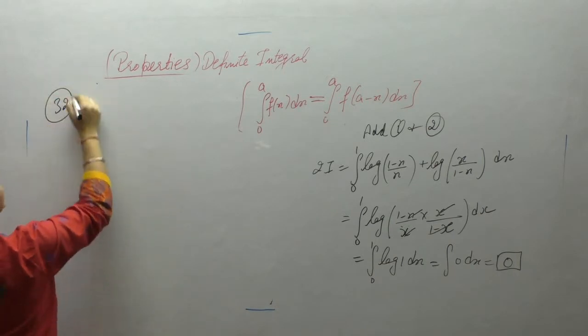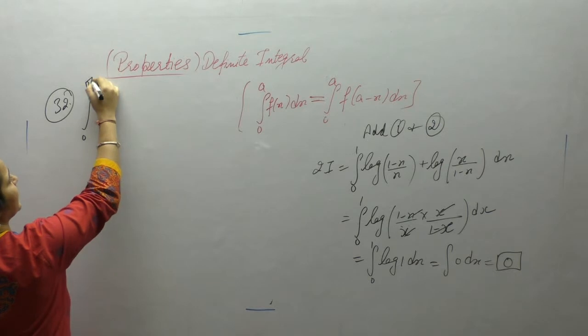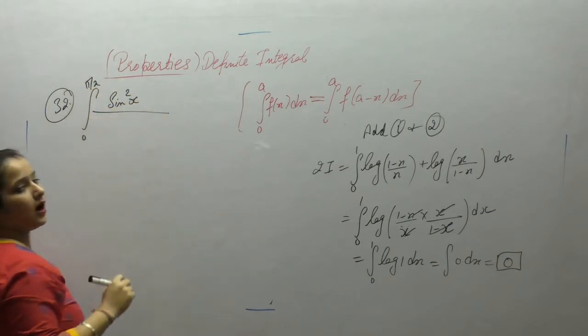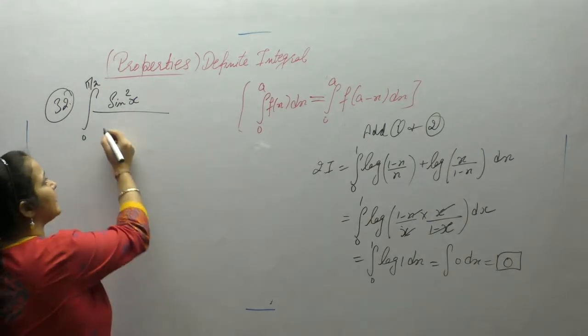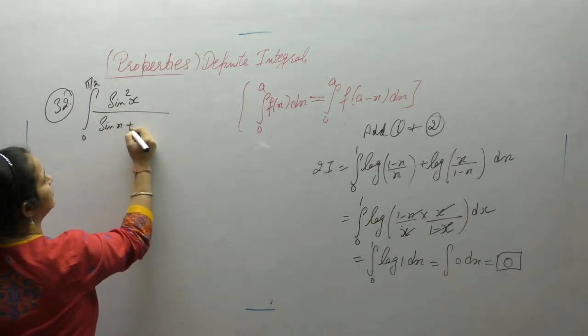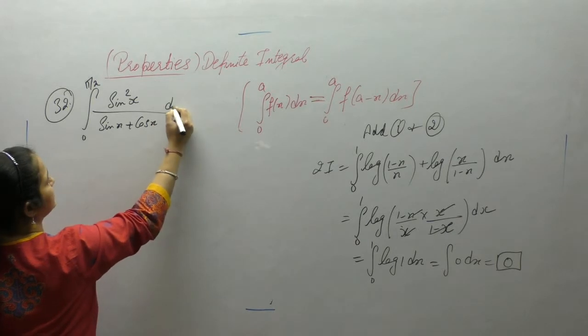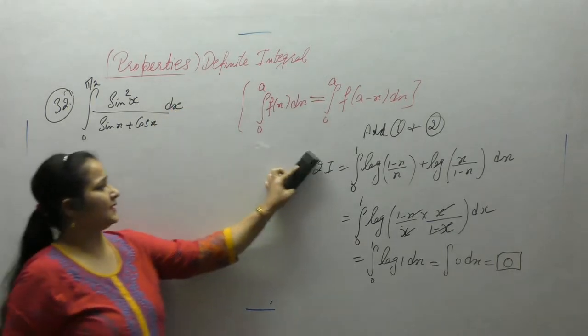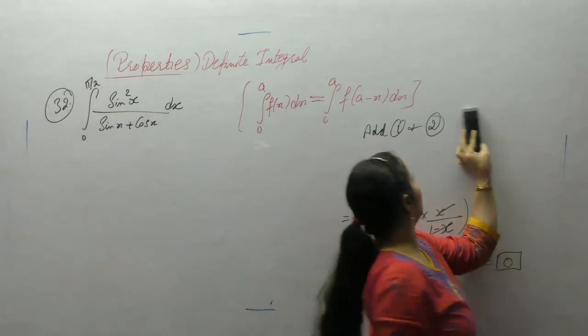Now the next question is the integral from 0 to pi by 2 of sine square x upon sine x plus cos x dx.